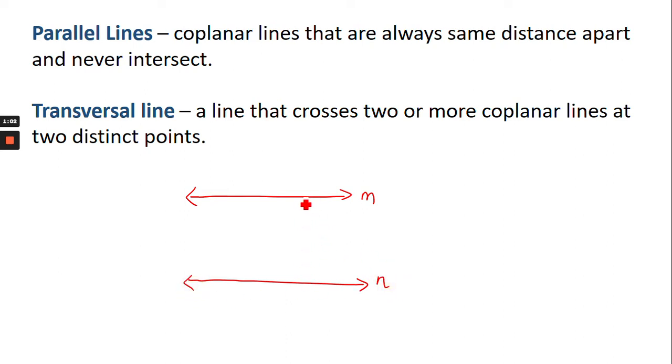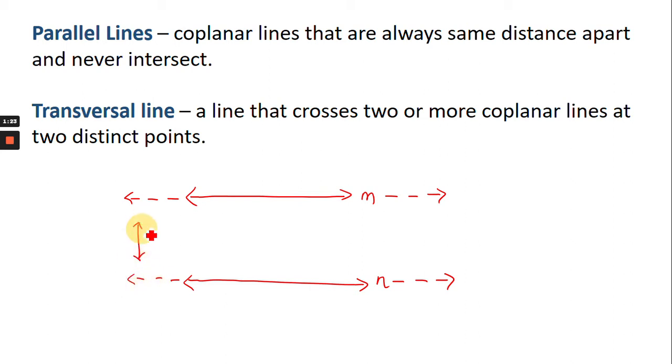For these two lines to be parallel to each other, they should have the same distance no matter how you extend these two lines in both directions. So that means the distance of these two lines to each other should always be the same.